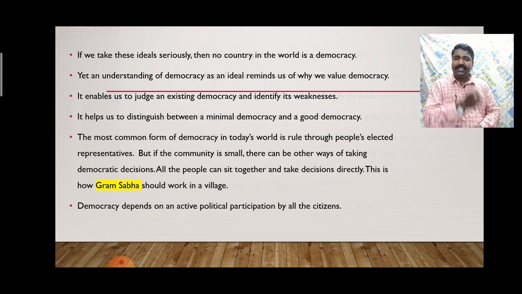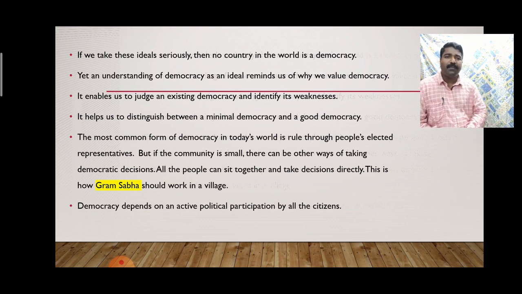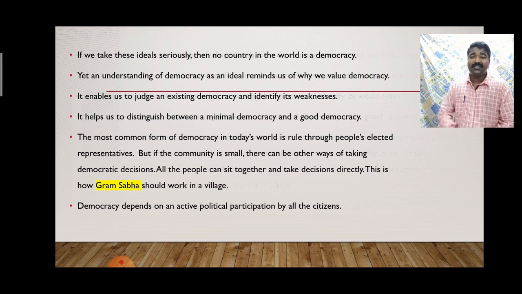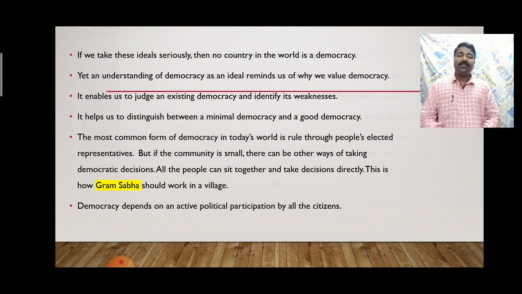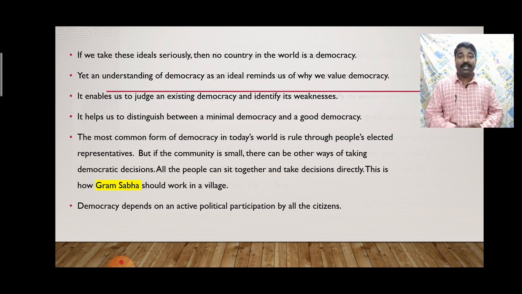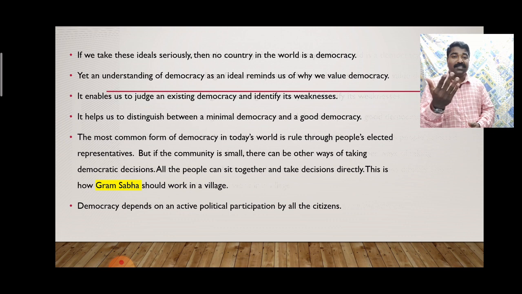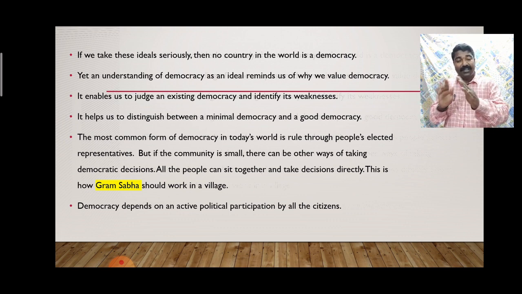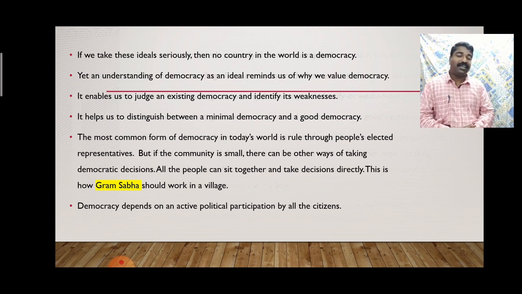Democracy depends on active political participation by all the citizens. What about monarchy? What about dictatorship? They don't want the work of citizens. Better that they don't participate in political actions or political decisions. But in a democracy, what is that?